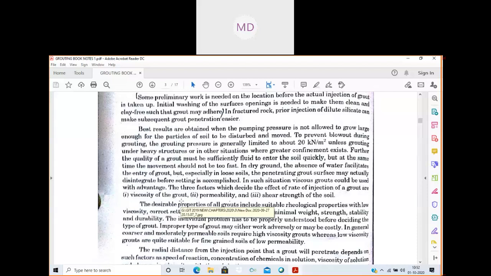It should flow, but at a slower rate. So the viscosity of the grout plays an important role. Next are the permeability and shear strength of the soil. These are the three factors which affect the rate of injection of the grout.